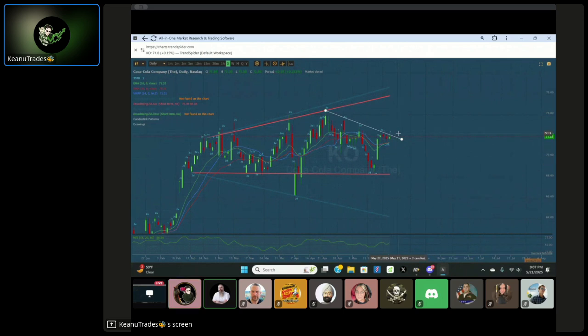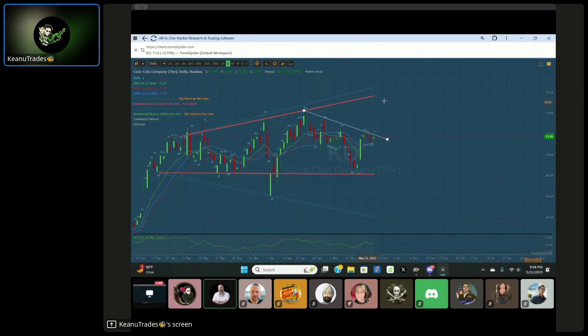You get an hour confirmation above $72, you're going to start moving back up through this range right here on the daily chart. It might take a couple of weeks to get up here, but you could probably buy calls a month out.